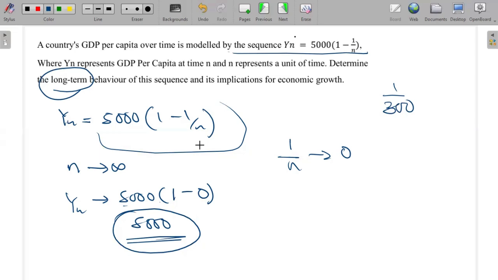The growth is slowing down and converging to a certain value, and that value is 5,000. There's also a steady income level, which is 5,000. No matter how long you grow, it's still going to converge to 5,000.